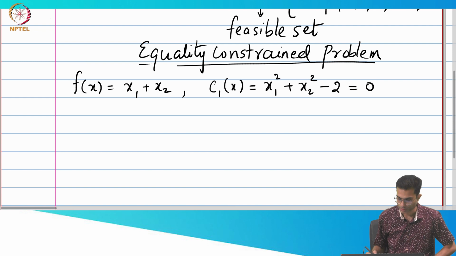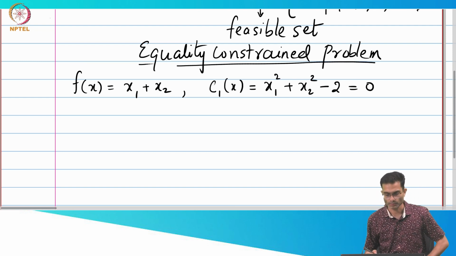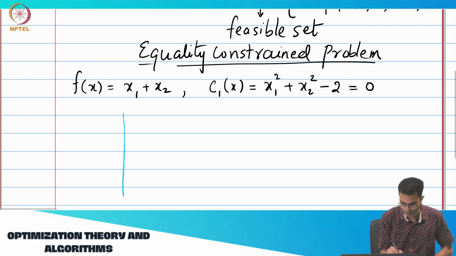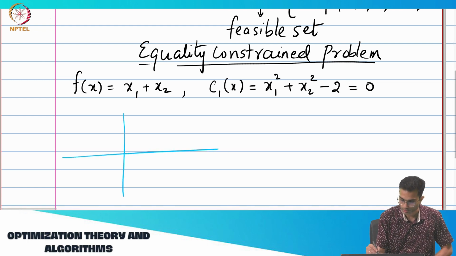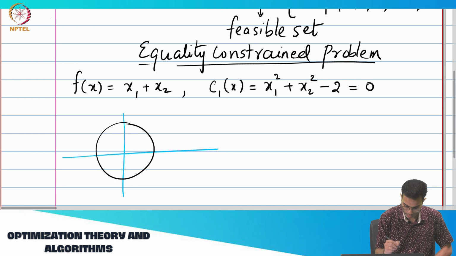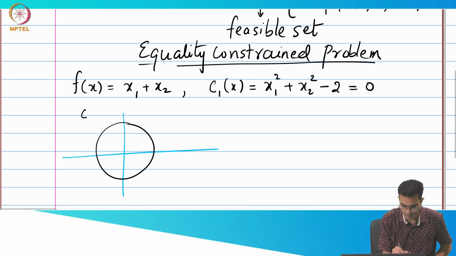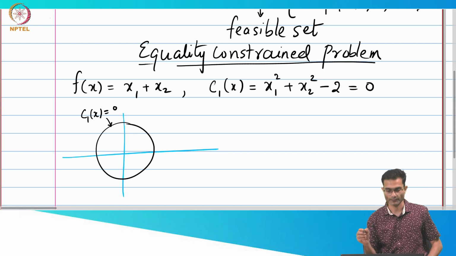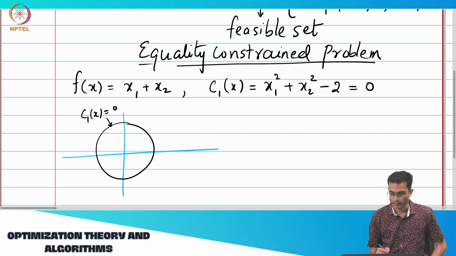Now for this problem, it's good to draw a geometry. Right, this is my C1 of x equal to 0.